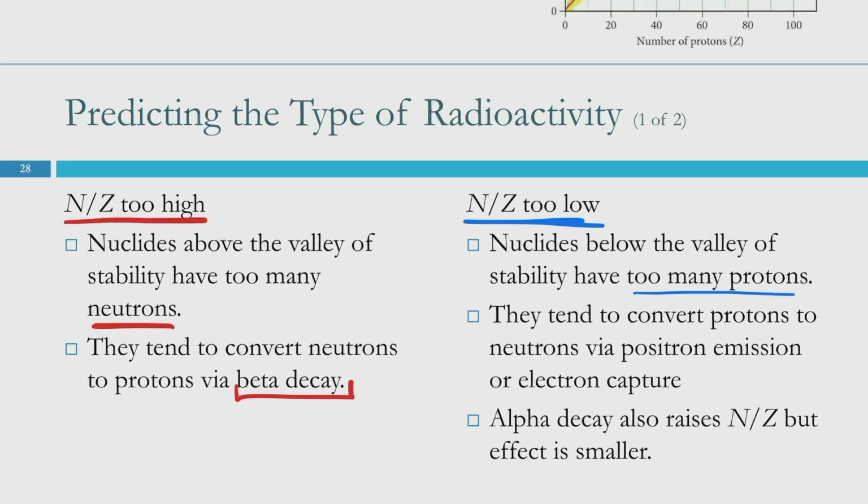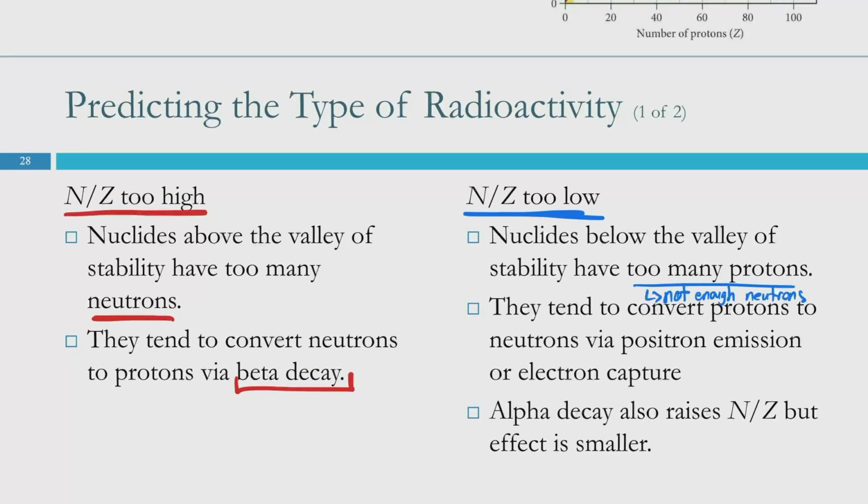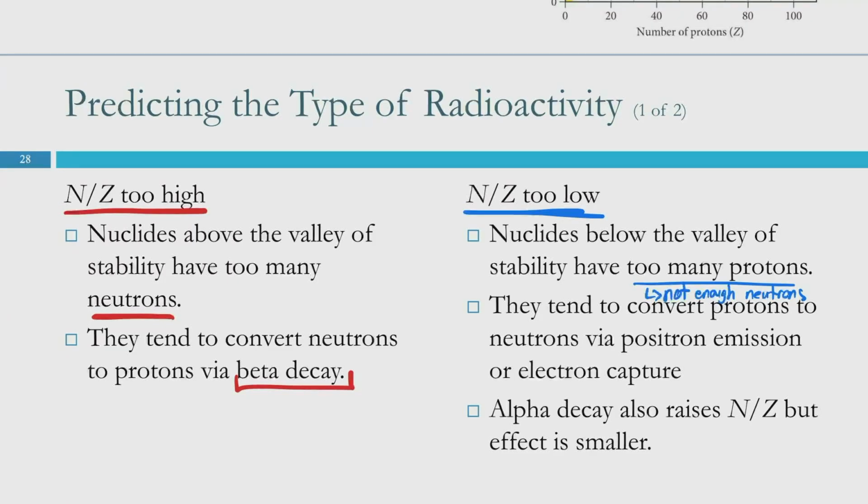So we have too many protons or not enough electrons. Sorry, not electrons, neutrons. And so there's two ways that we can make more neutrons. We can either do a positron emission or an electron capture.